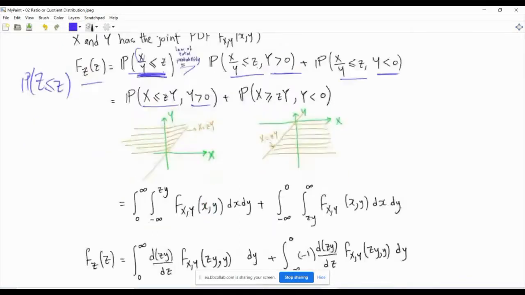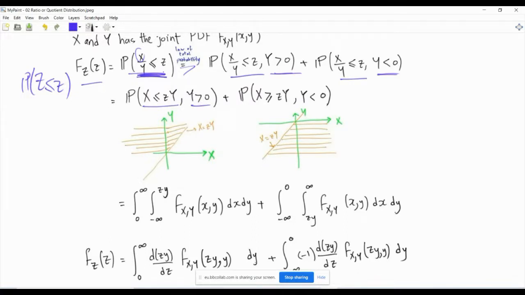Now you start doing things like in the case of the sum, so I do not want to waste more time on this. If you have probabilities involving two random variables and you want to do things carefully, you may plot the XY plane, because our random variables are X and Y. What is the event of interest in this integral here?